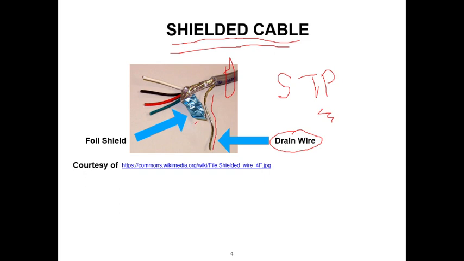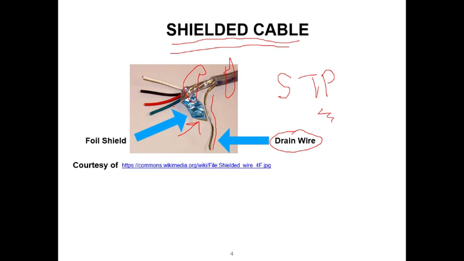It also has a foil shield, and that foil shield you can see here is wrapped around the conductors. So the conductors are twisted together with a certain amount of twist, which is something the manufacturer can control, and then an overall foil shield. Sometimes a braid, like a mesh, is applied.